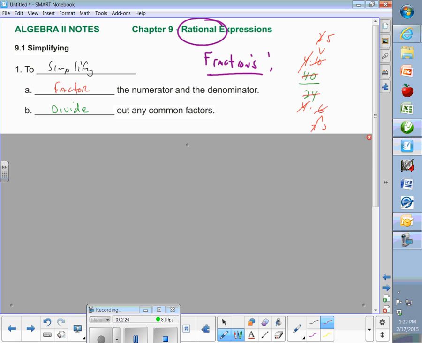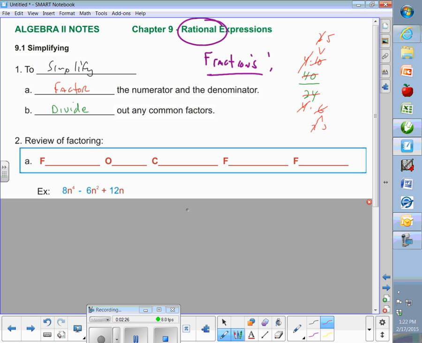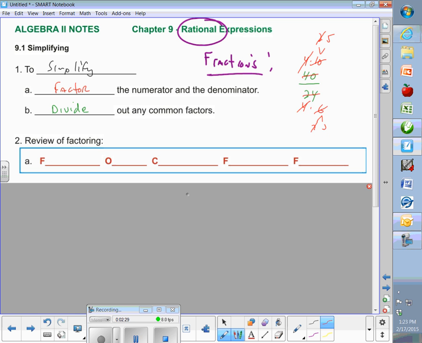Because we are factoring, we're going to need to review some aspects of factoring. Please do not forget the first law of factoring. How you can forget it, I do not know. I've mentioned it and mentioned it and mentioned it. We even have this nice acrostic, FOCFF, and hopefully you remember what it stands for. You always have to look to factor out common factors first.